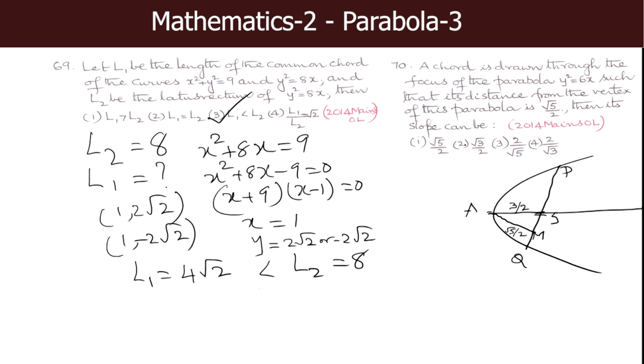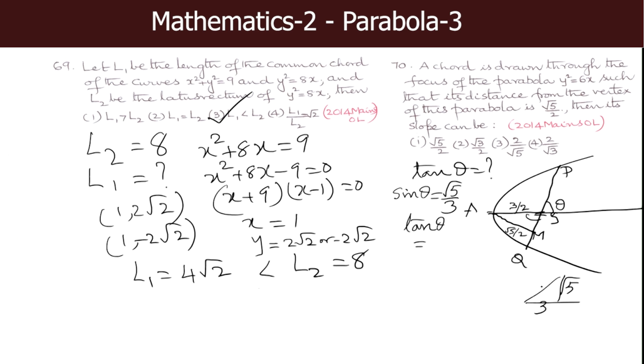And he is asking the slope of this chord. That means, if this is theta, he is asking tan theta. This is also theta, and this is a right angle triangle, and sin theta is √5/3, and tan theta is √5 by 2.